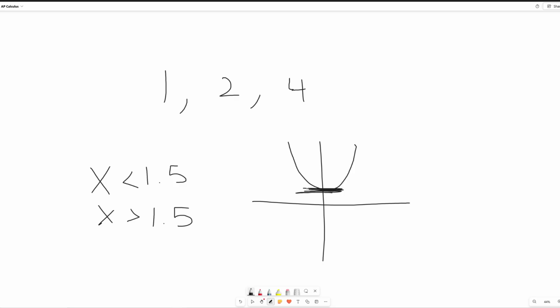We don't need to know the actual value of that critical point, or the sign changes or anything, because this U shape has that little minimum at the bottom at the critical point. So if you have a critical point, you can use concavity to determine whether it's a minimum or maximum.